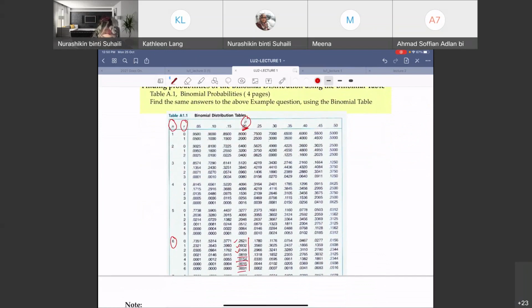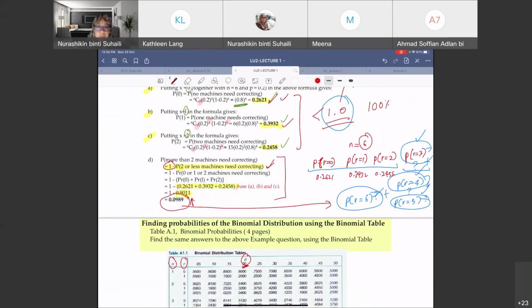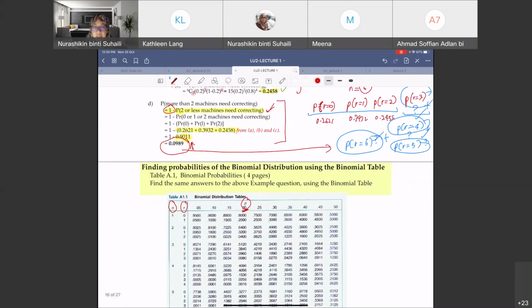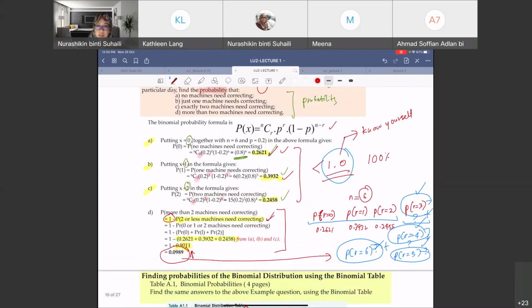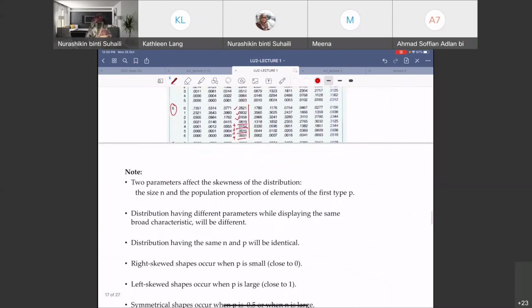If you sum up all of these values, you will find it is actually equal to this one. Understand? Normally in the exam, you just have to use the table. But here, we introduce the formula first in order for you to know that the formula is the basis of the table. Any question for this?